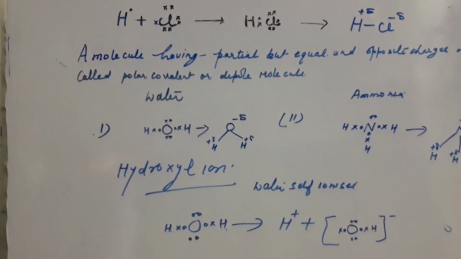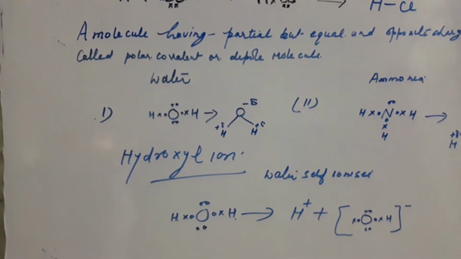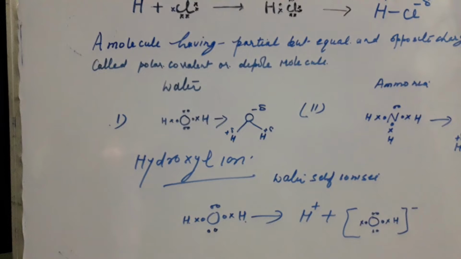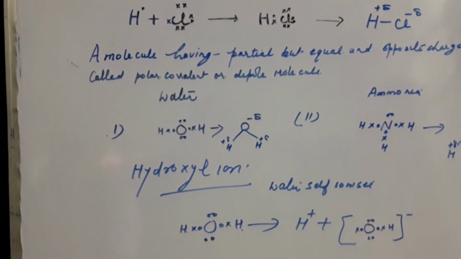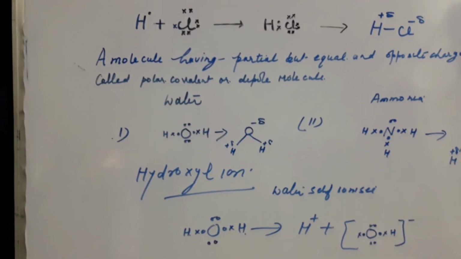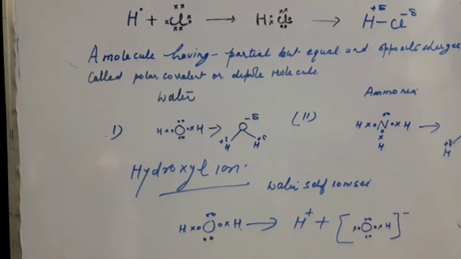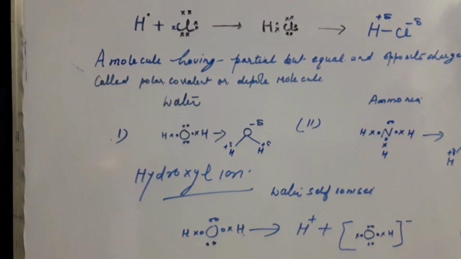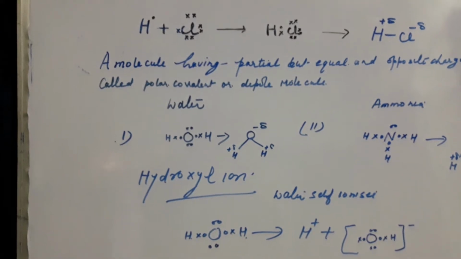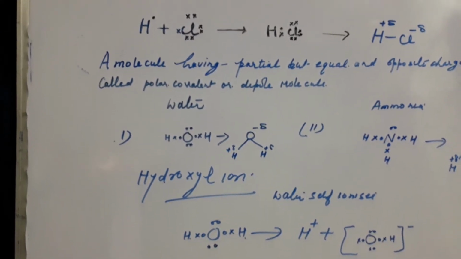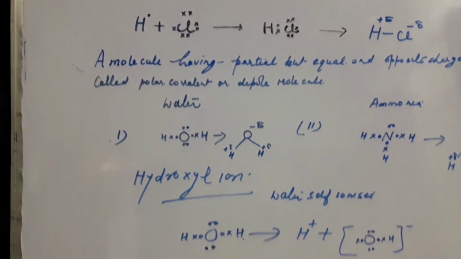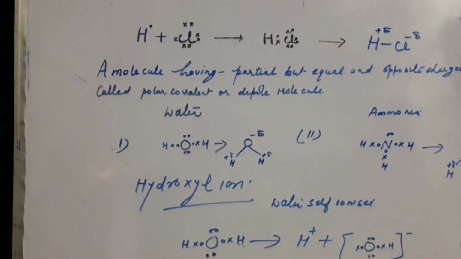So first take the structure of water. Oxygen is in the center containing 6 electrons, combined with 2 hydrogen with the help of single covalent bonds. Again here the shared pair of electrons will not remain at the center. Due to the high electronegativity of oxygen, they will be shifted towards oxygen and away from hydrogen.